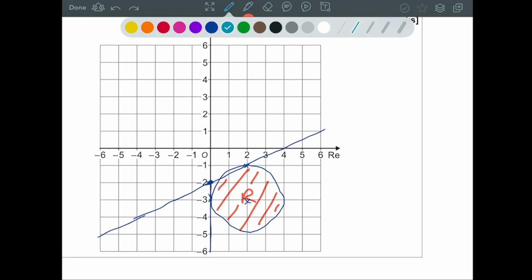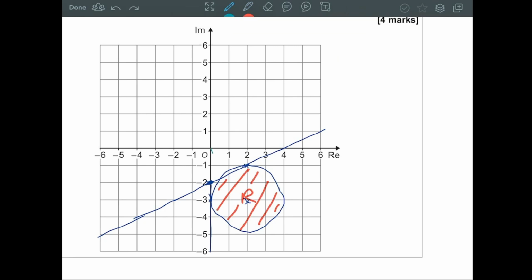Well, if we want to go into this region as small as possible, then we're going to have to hit this line here at a right angle. Is that correct? Yeah. Normally we go to the center, but the center's not quite in there.